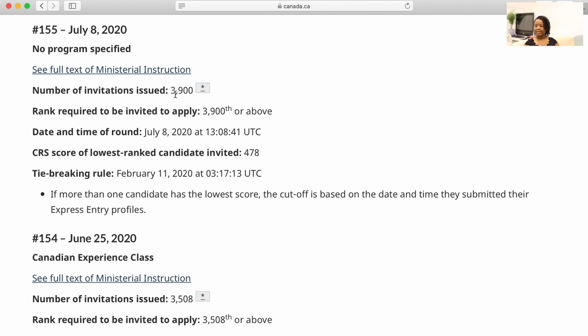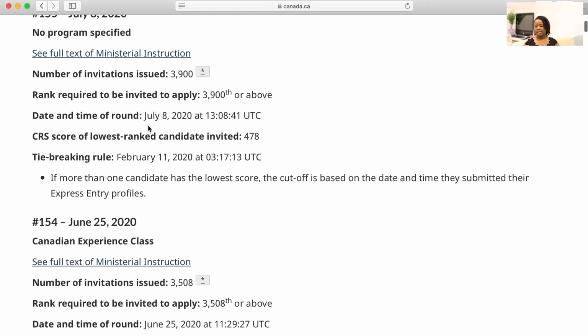So on July 8th, 2020, there was a draw from the pool that invited 3,900 candidates. Now, keep in mind that these 3,900 candidates are principal applicants. That means that there are, so we'll put it as, 3,900 families.